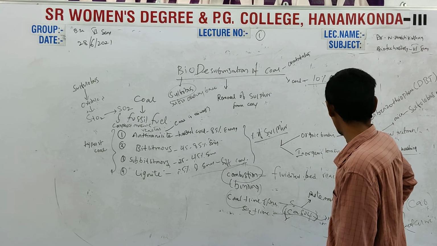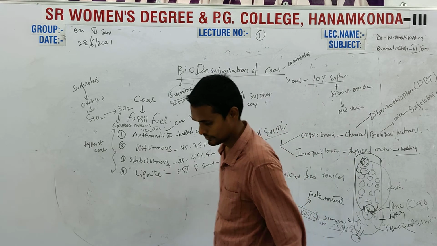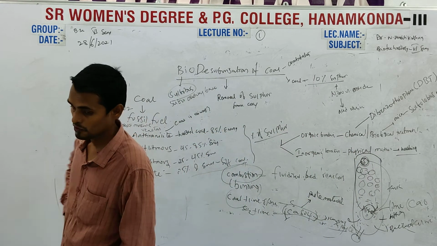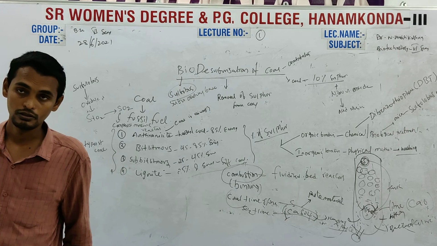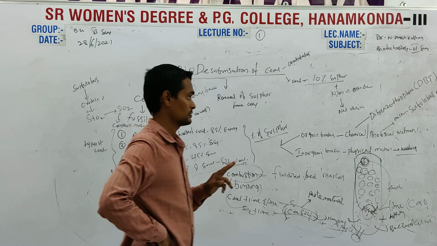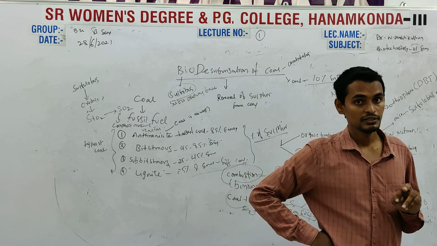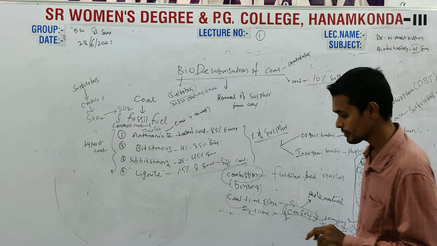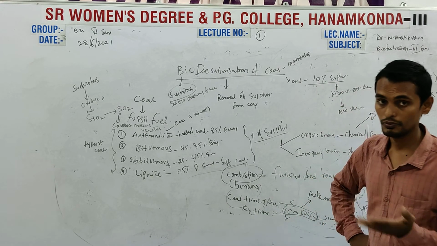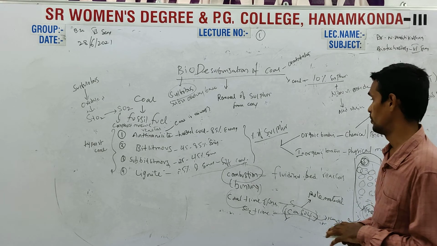Dibenzothiophene is one of the chemicals which reacts with sulfur and makes it less toxic or less available. We call it DBT. DBT is one of the chemicals used to remove the strongest binding of sulfur that is attached to the coal.